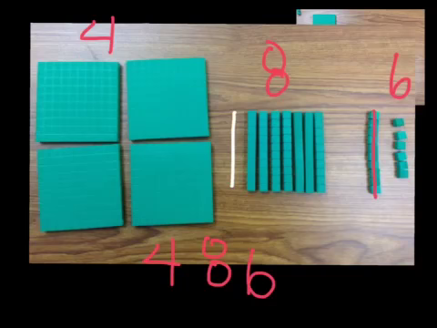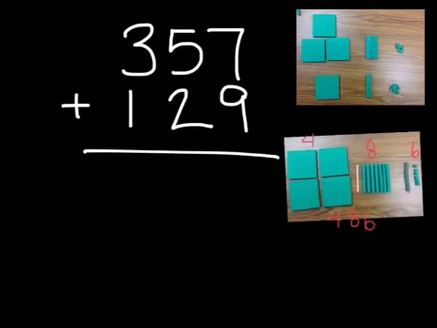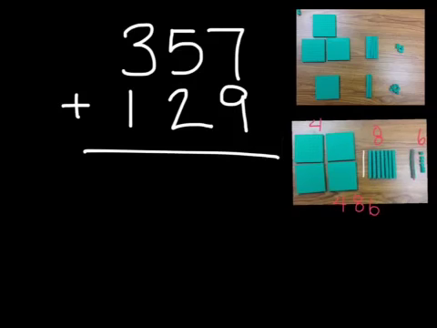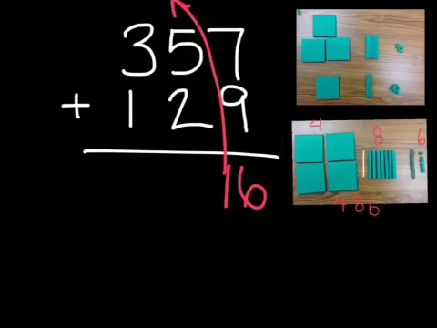All right, so let's look at how we might do that with the actual digits written out. So what I'm going to do is I'm going to have my 7 plus 9, and we said earlier that that was 16. Do you remember that? Okay, that 16, I'm going to take 10 of those away, and I'm going to move them up here to be with this group that's right here, to be in my 10s, because I have 10 that I can move here.